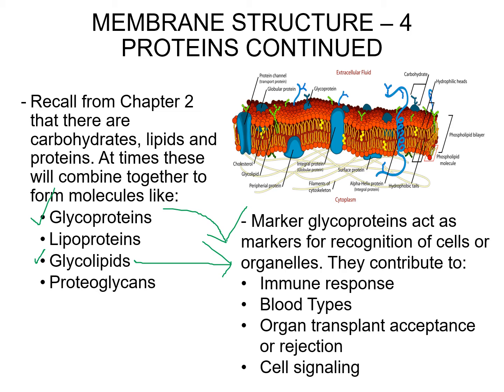But lipoproteins are really important. This is what actually helps transport cholesterol throughout your body. If you have too much bad cholesterol in your body, that's not a good thing. But you do need cholesterol. We just talked about the importance of cholesterol stabilizing that cell membrane. And you need that in all your cells, right? You have cells all throughout your body.